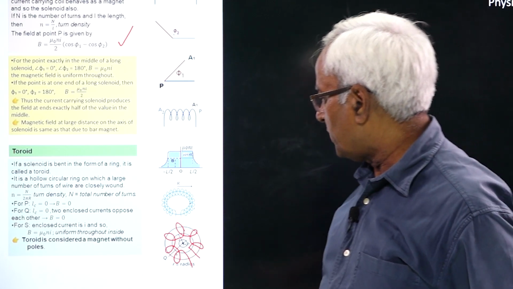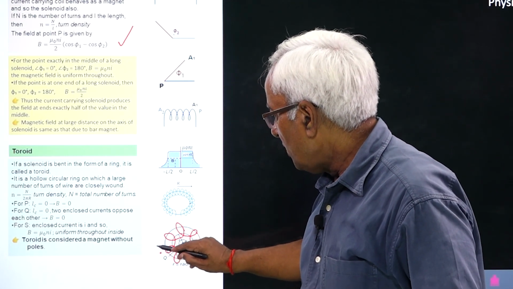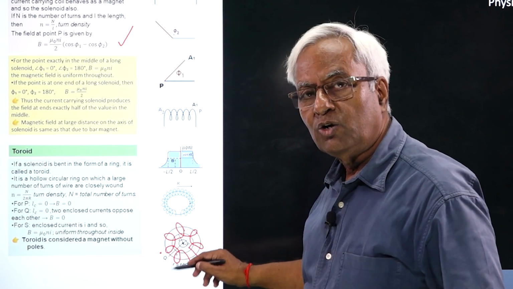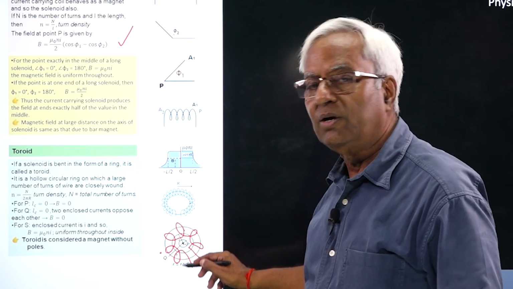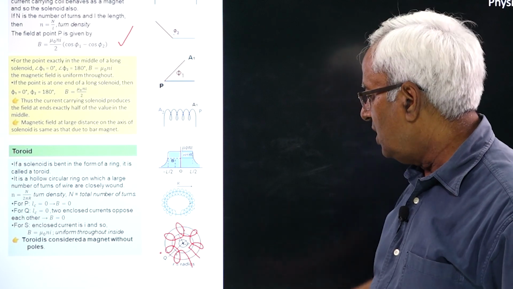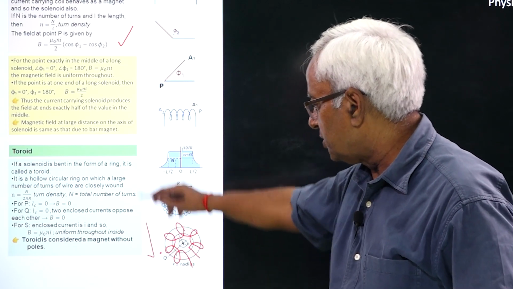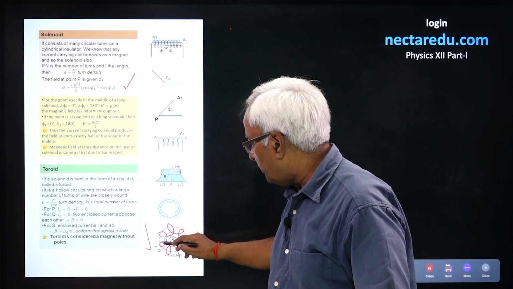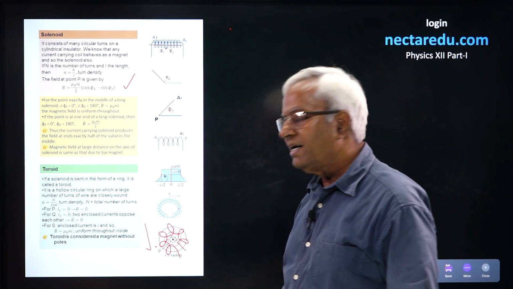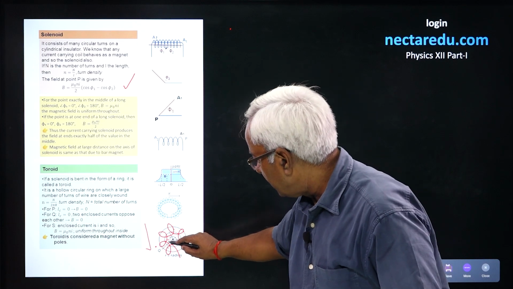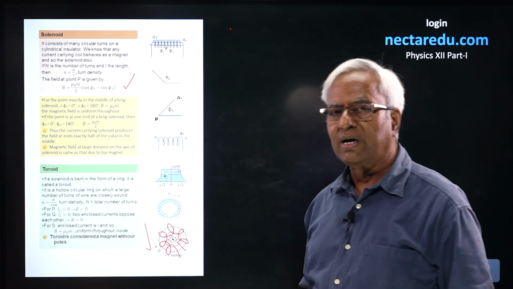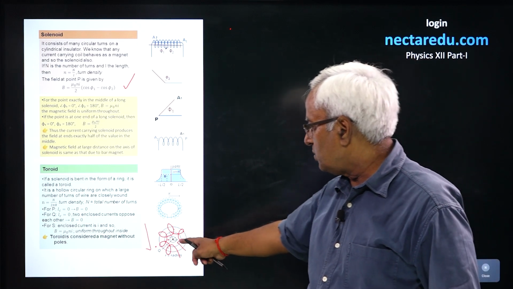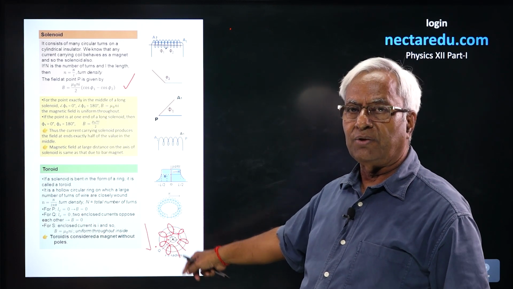That means if you consider a point outside, no current will be enclosed by this loop, and on the basis of Ampere's law, there will be no magnetic field at this point. Similarly, if you consider the point here, again no current is going to be enclosed by it, and the magnetic field will be 0.